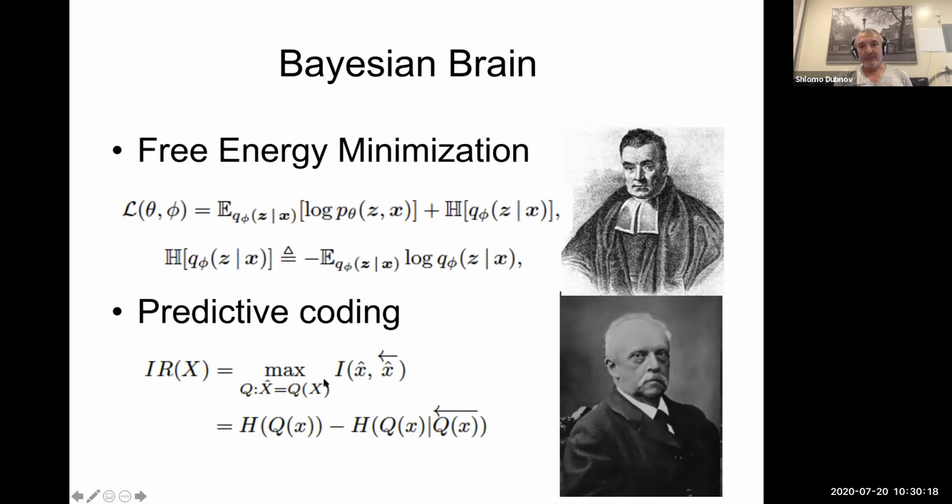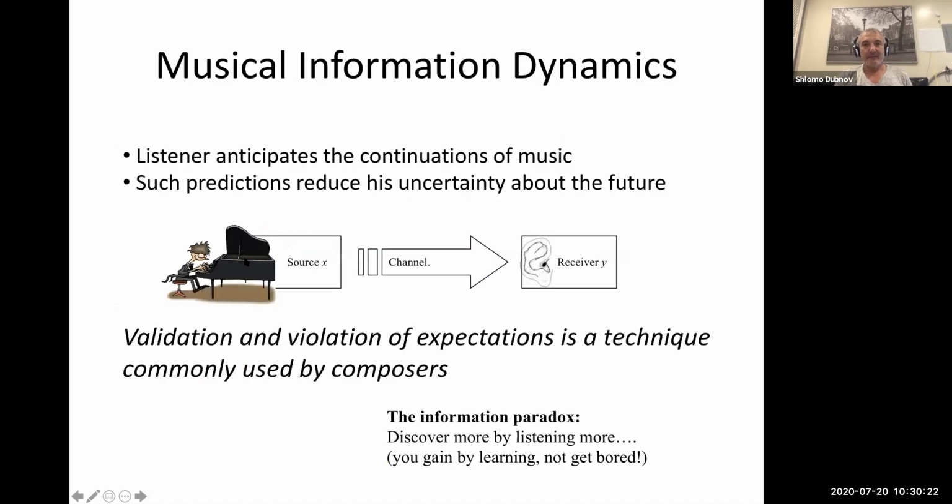So if you're exploring these two ideas, I think the fun thing, part of the motivation for musical information dynamics, is trying to understand music as something where the listener anticipates the continuations of music.